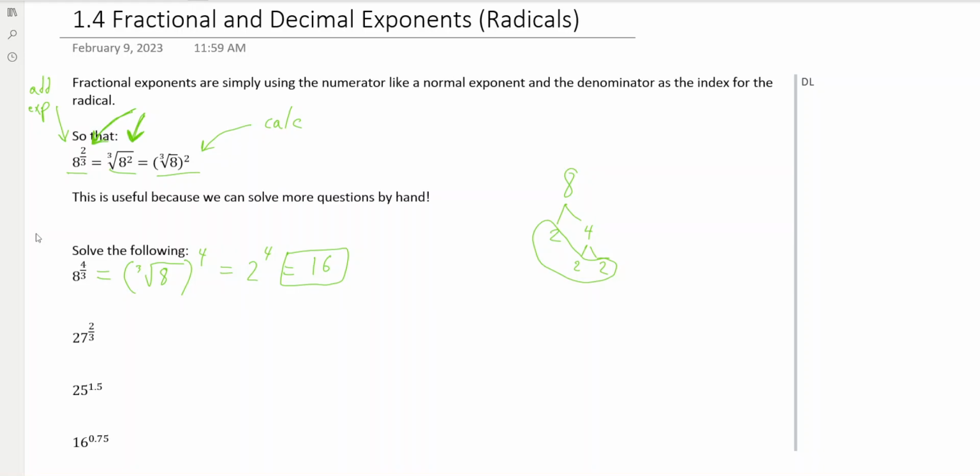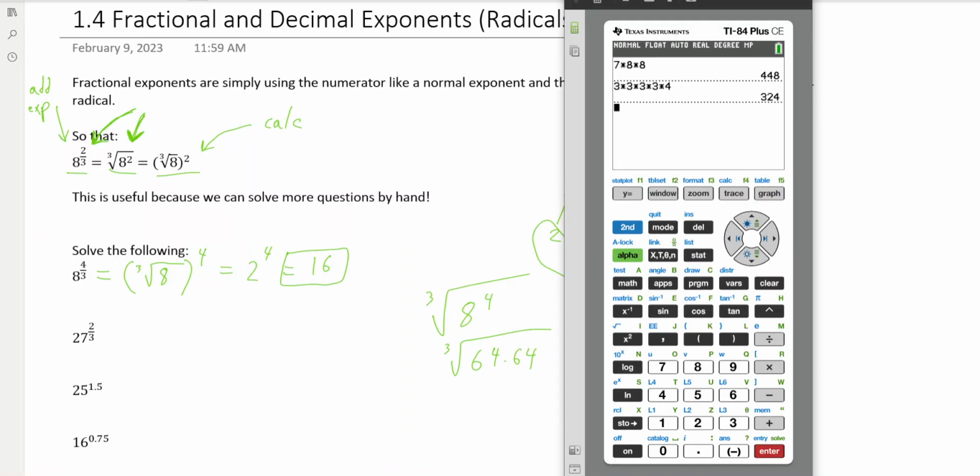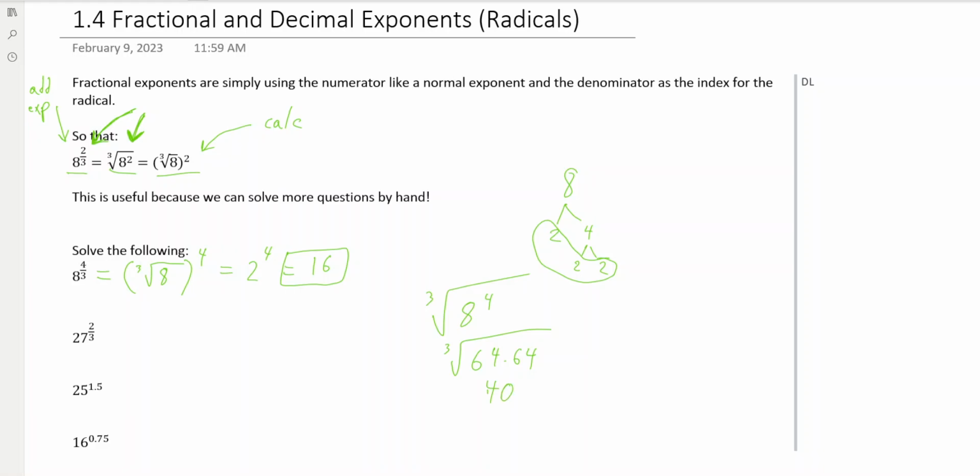Okay, you can see here how much more difficult it would be to do this the other way around. So, for example, if you tried to do 8 to the 4 first and then cube root it, well, it'd be like 64 times 64 cube rooted, and I can't do that in my head. Like, it's just going to be a big number. 64 times 64, 4096, and then it's cube rooted.